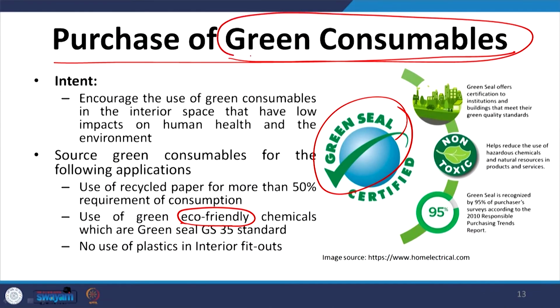From the envelope of the building, where we decide what the WWR should be to allow sufficient daylight inside, to relatively smaller issues like what the glass type should be. Besides the WWR, what glass should be used, what materials should be used for the indoor surfaces, to the operational issues of providing controls in the hands of occupants for thermal comfort as well as light, and to such small details as procurement of green consumables.